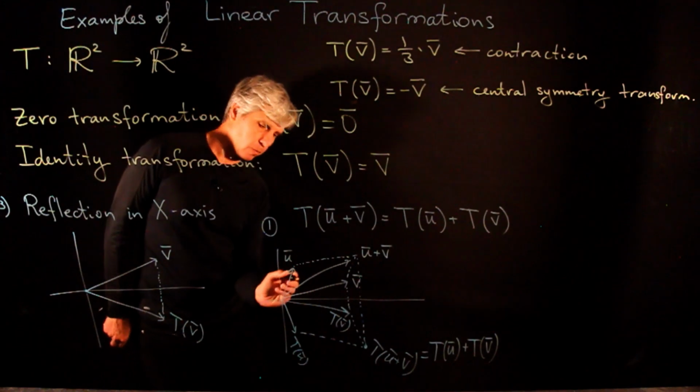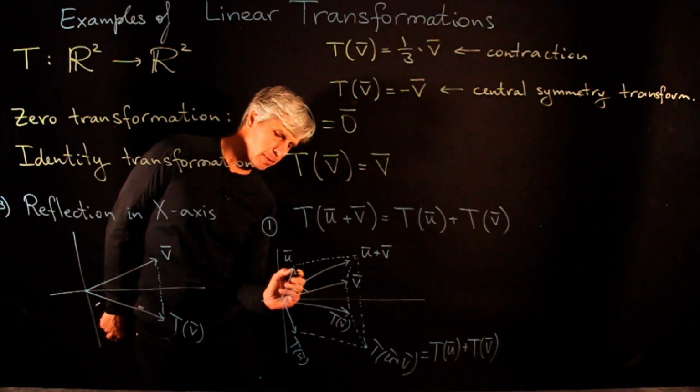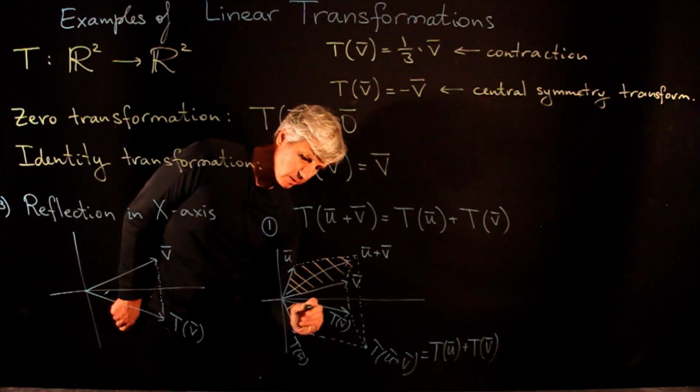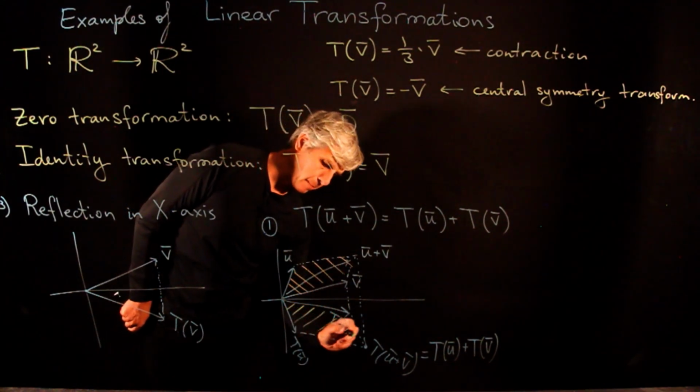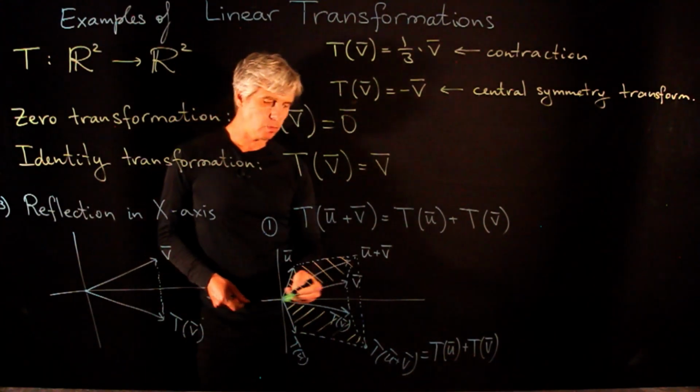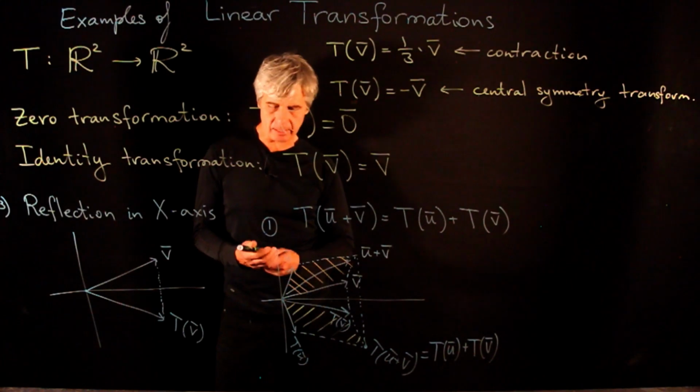In this picture, we have two parallelograms: this is the first parallelogram, and here is the second. These two parallelograms are mirror images of each other with respect to the x-axis.